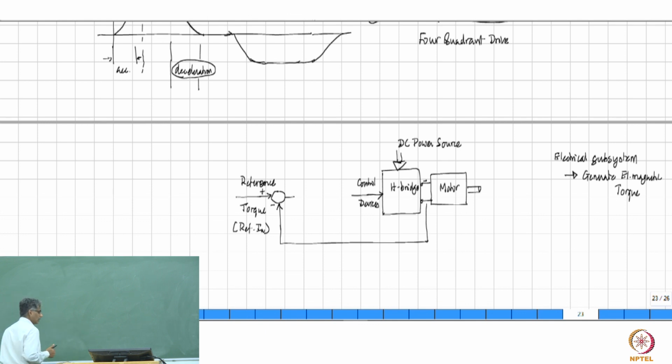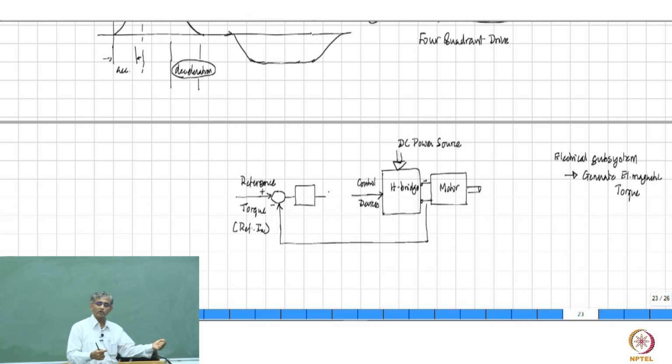Right? And this difference therefore determines how much armature voltage needs to be applied, because if you want more torque, it means that you need more armature current, that somehow the reference is more than what is actually flowing.